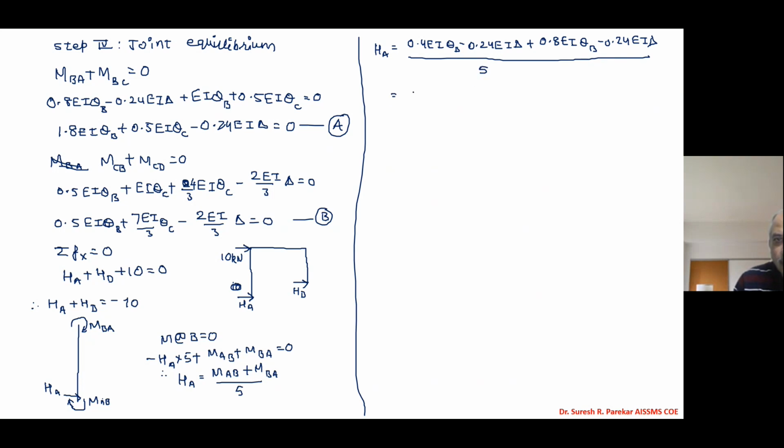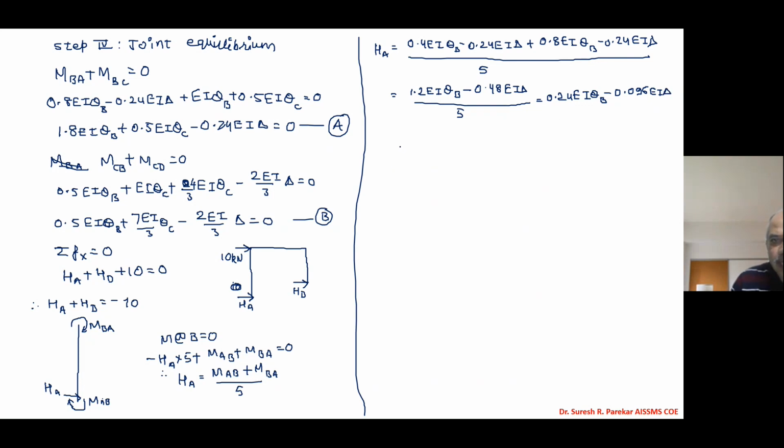And we will get it as 1.2 EI theta B minus 0.48 EI delta upon 5. And we will get it as 0.24 EI theta B minus 0.096 EI delta.